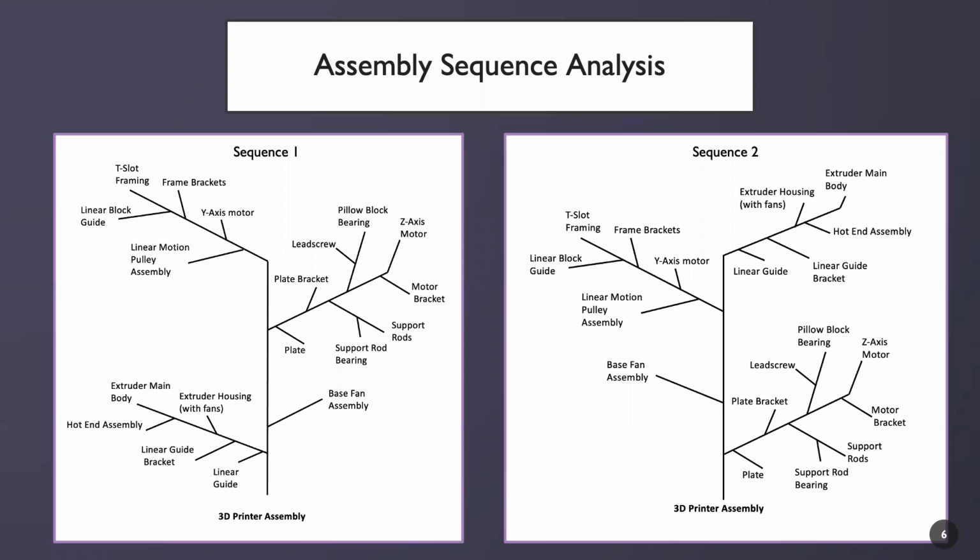Sequence 2 starts in the opposite way with the most complex component, the extruder, attaches it to the frame, which attaches to the base fan assembly, and then the plate assembly goes last.